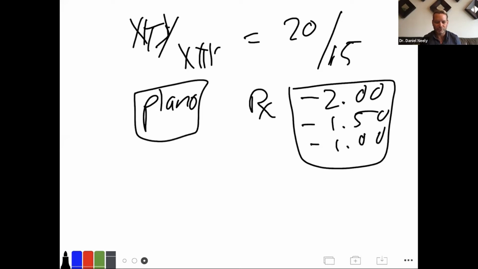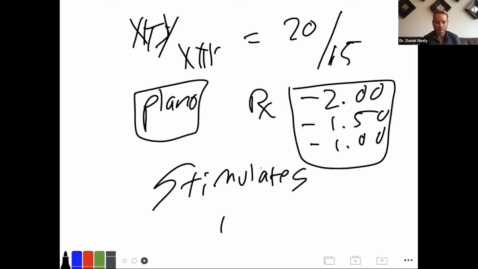What does that do? It stimulates accommodation, right? They have to accommodate. And when they accommodate, they converge, all right?